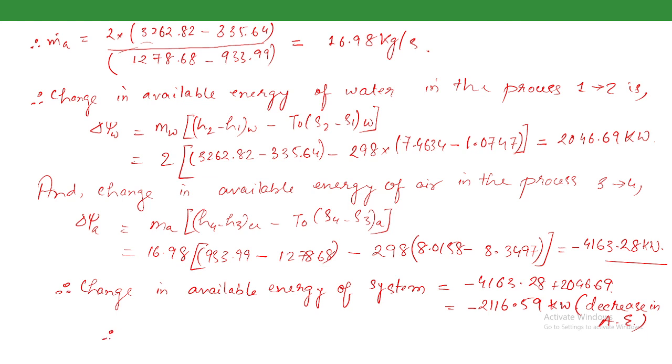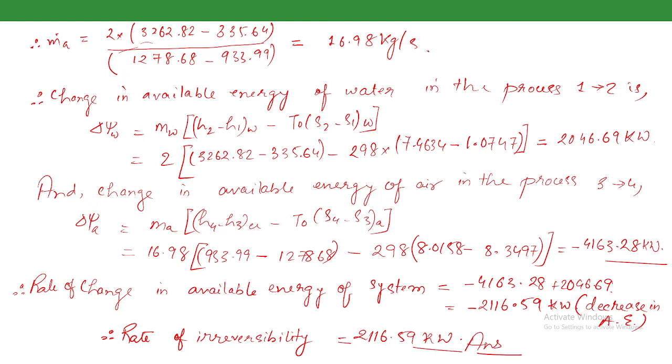Therefore, rate of irreversibility will be the same as the rate of decrease in the available energy, that is 2116.59 kilowatt. Okay, so I hope this is clear.